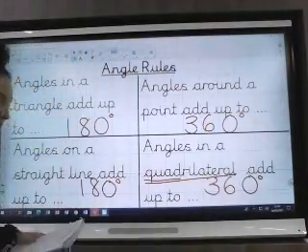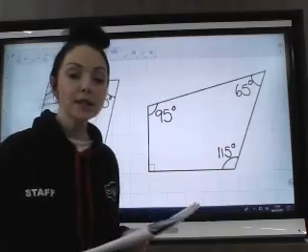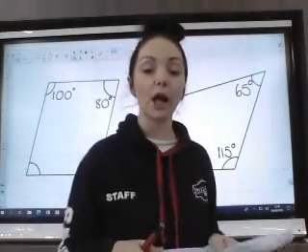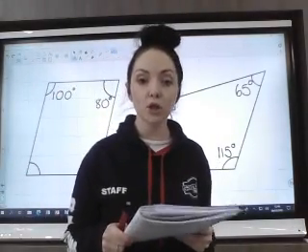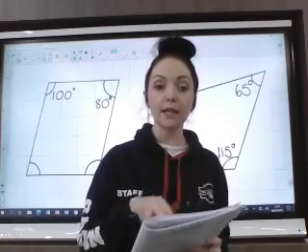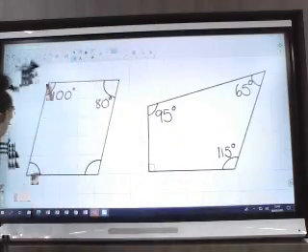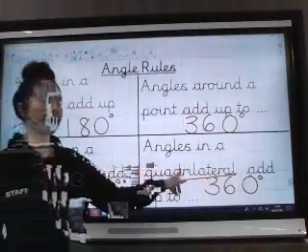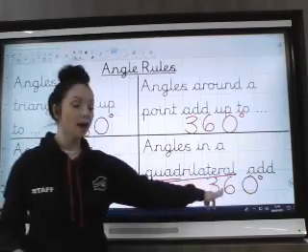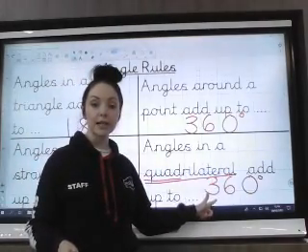Okay. Question 1 then says, put a tick next to the shapes below that are impossible. Okay, so all of those shapes in question 1 have got 4 sides. So they are all quadrilaterals. Okay, so we know that angles in a quadrilateral add up to 360 degrees.